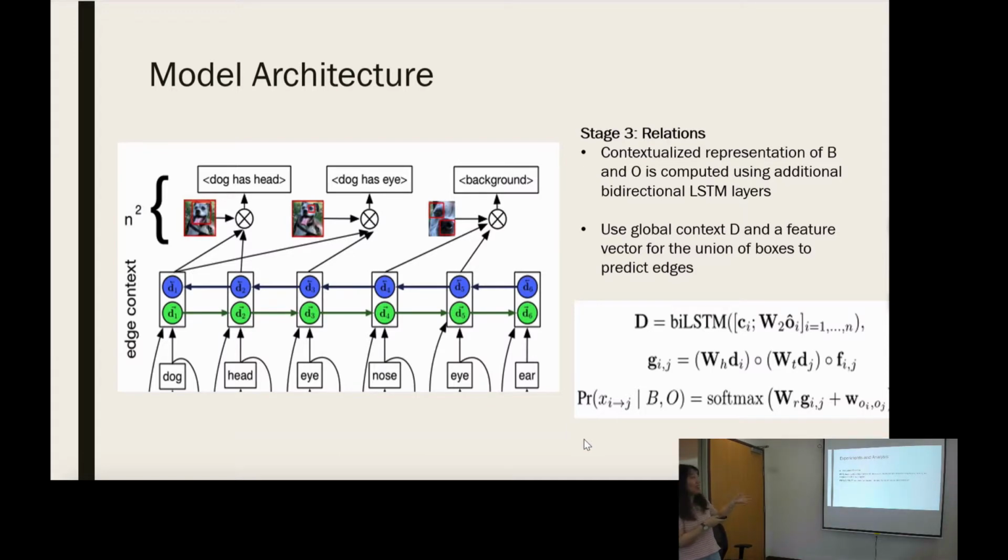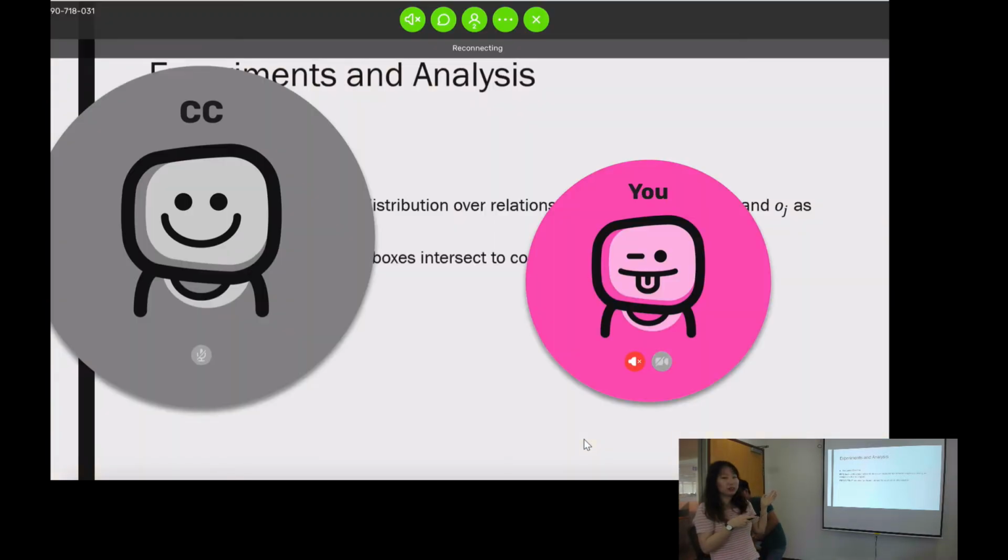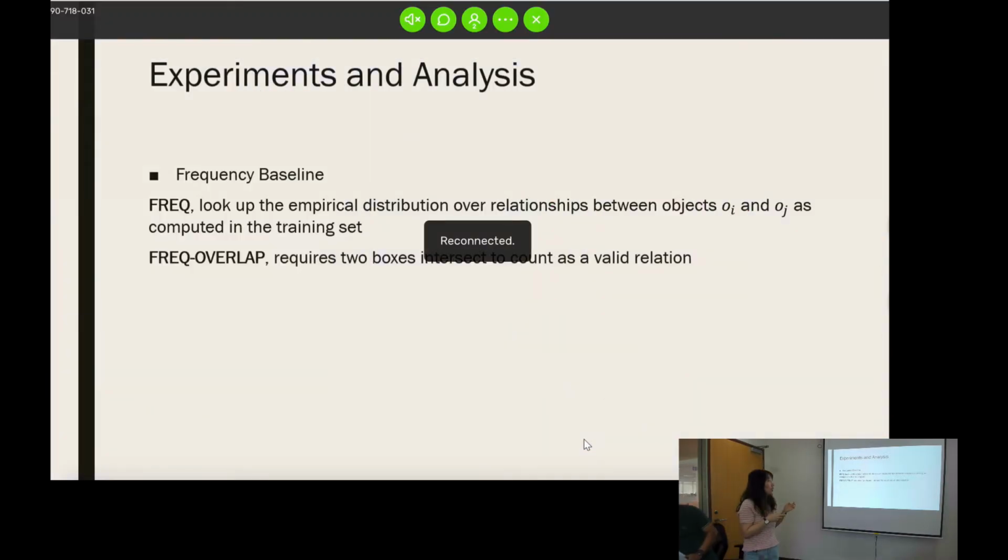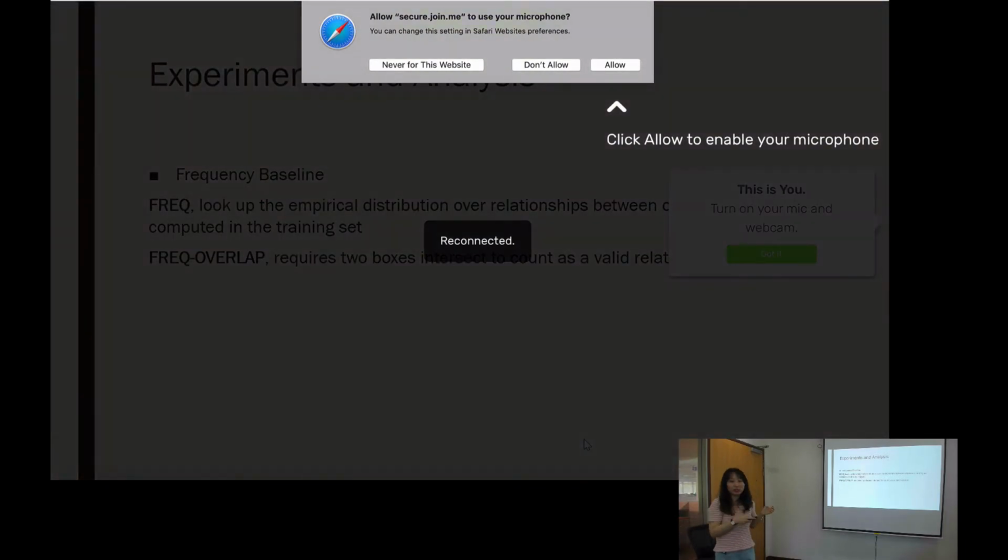So after they have the model, they do some experiments and analysis. Before that, they give some new frequency baselines. The first one is called the frequency baseline. This one just looks at the empirical distribution over the relationship between the objects.